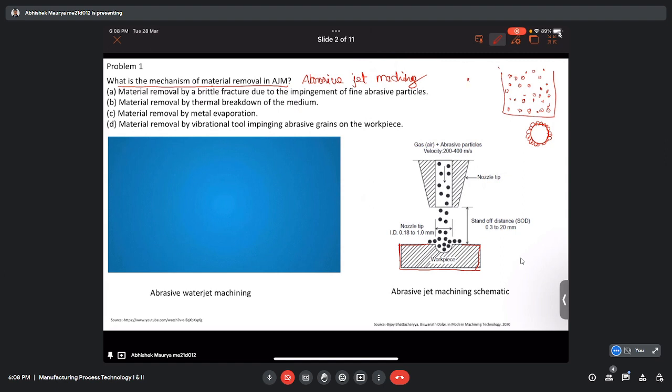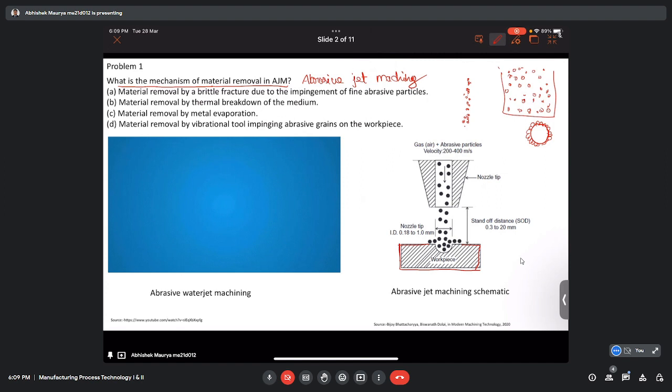A jet of abrasive particles means we take abrasive particles and some carrier medium. It may be air, it may be water. Through this carrier medium we try to increase the momentum and velocity of these small particles, and we project them at the required location.